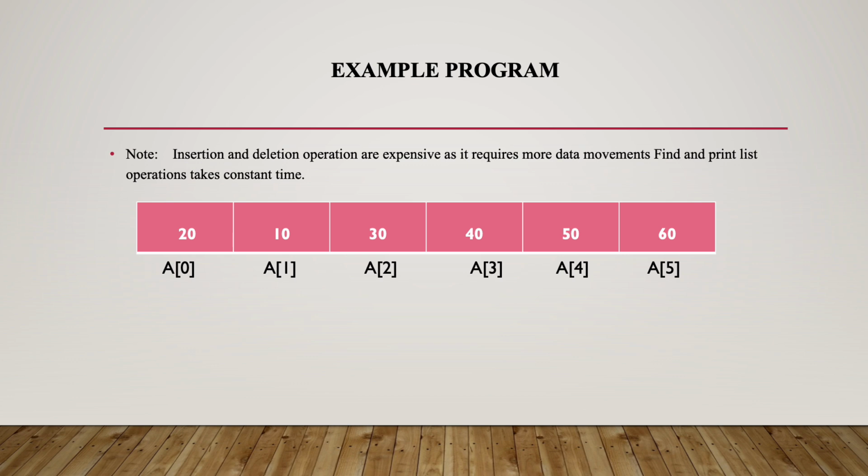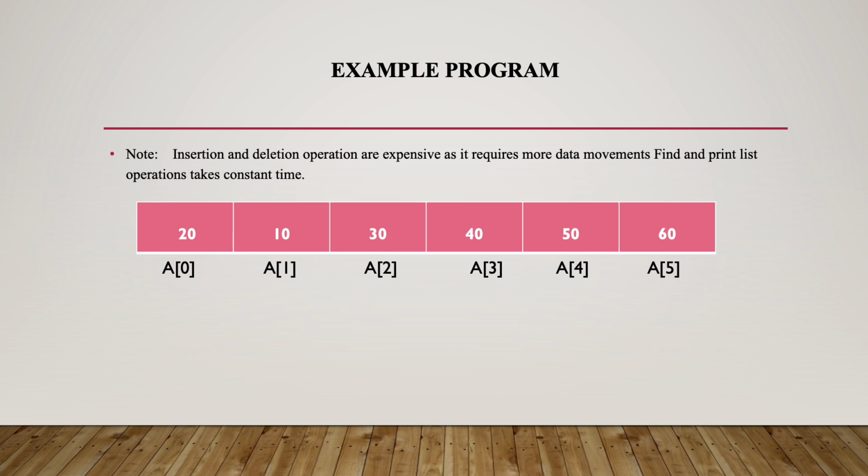For example, imagine our array looks like this. You can see the diagram, right? At index 0, we have the value 20. At index 1, we have the value 10.